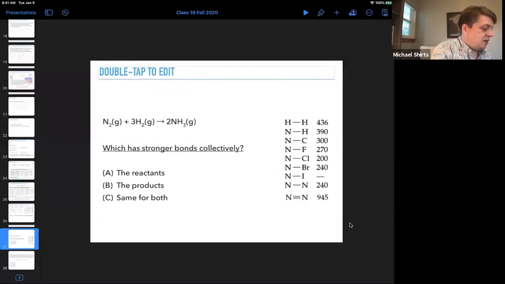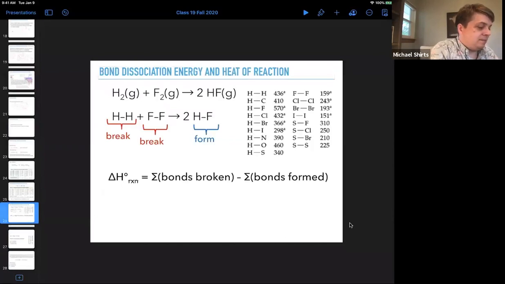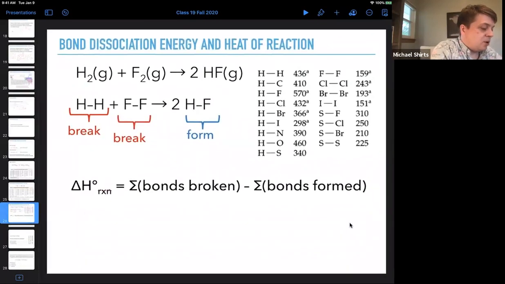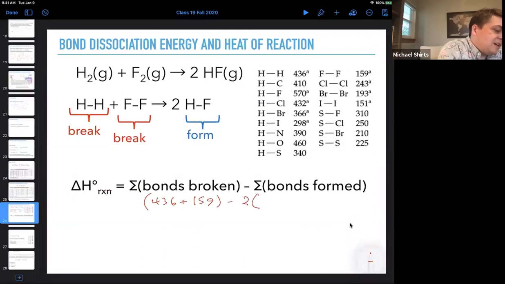For the bonds broken, we've got an H-H bond, so we've got 436 plus an F-F bond that isn't quite as strong, 159. And then we subtract the bonds formed. We have 2 times an H-F bond, which is 570. That's quite a strong bond.